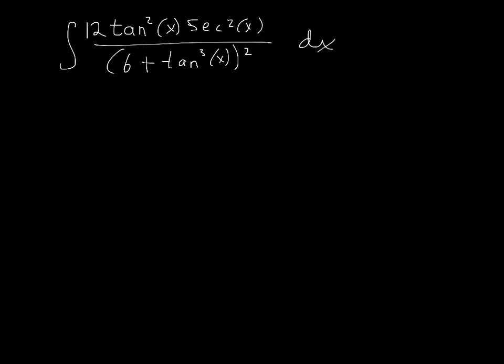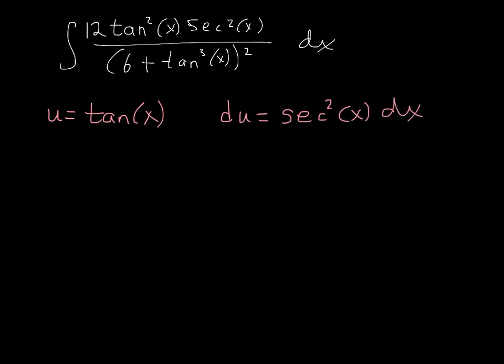Okay, here is another double substitution. So I see right away it would be nice to let u equal tangent x. Why, you might ask? Because I see the derivative up there. So du would equal secant squared x dx.